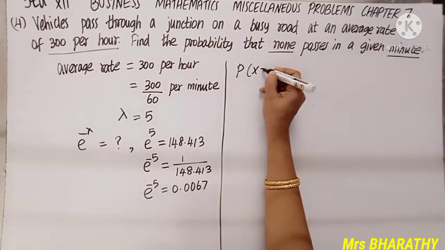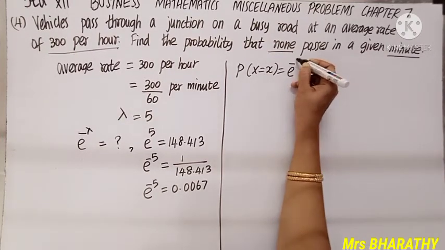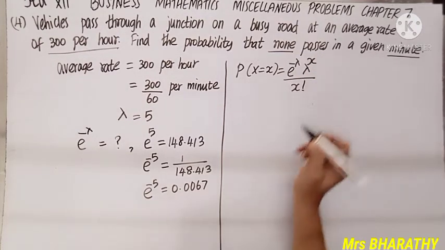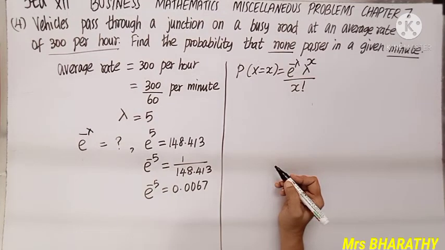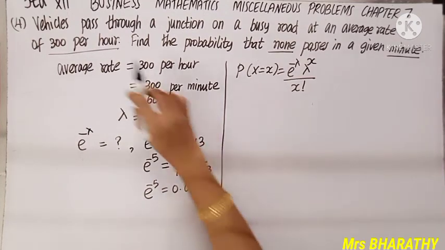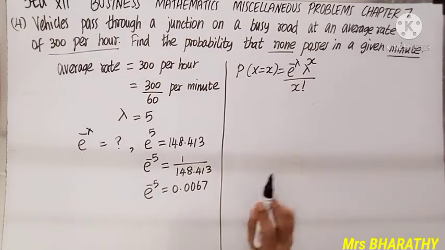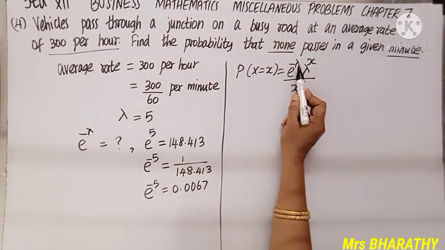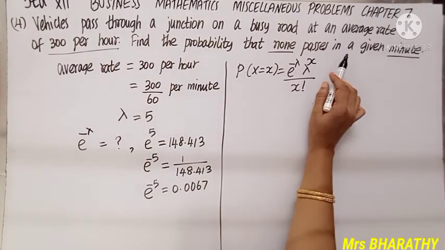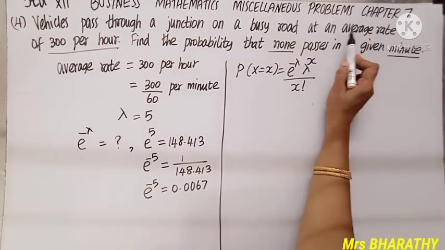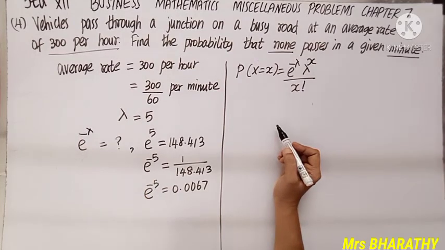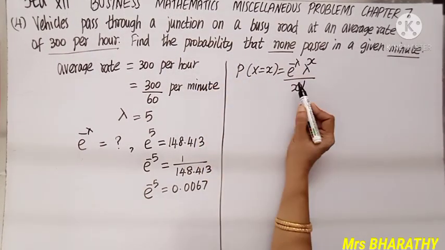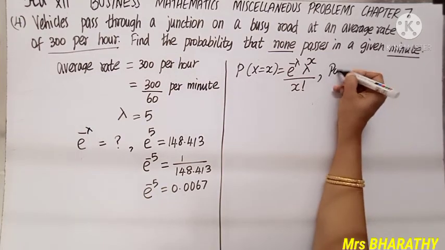So what is the distribution? E power minus lambda, lambda power x by x factorial. Now, have they mentioned Poisson distribution anywhere in the question? No. Then how are we to identify? As I read the question, they have mentioned only the average rate. So whenever an average alone is mentioned, we can very well use Poisson distribution.